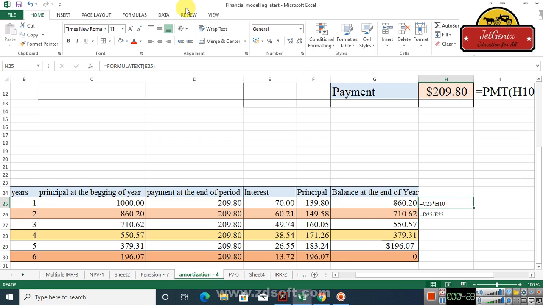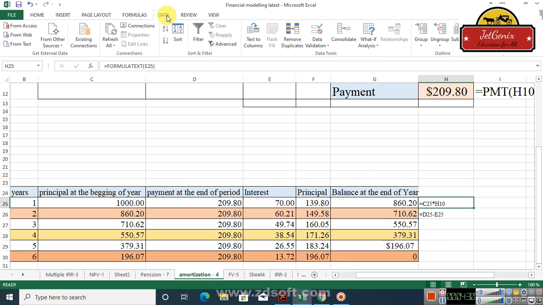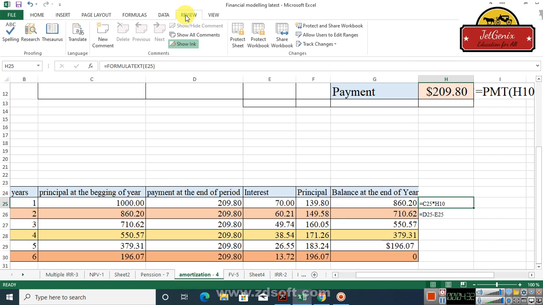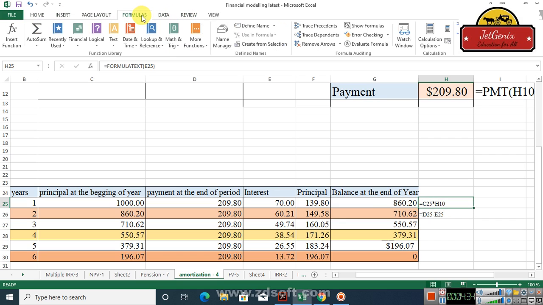Just let me find something for you to make it very easy, so that you can understand it. Now if you want to see this one, the formula for here. You can see this cell's formula is this one, and this cell's formula is here.